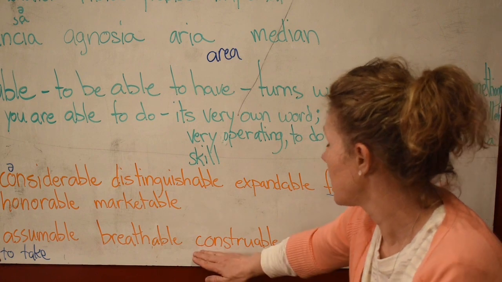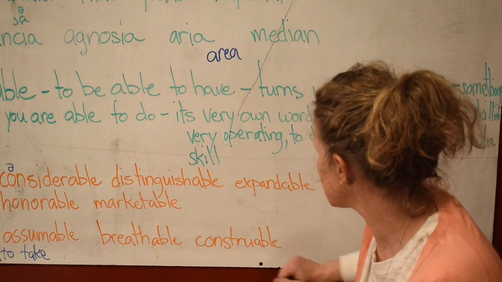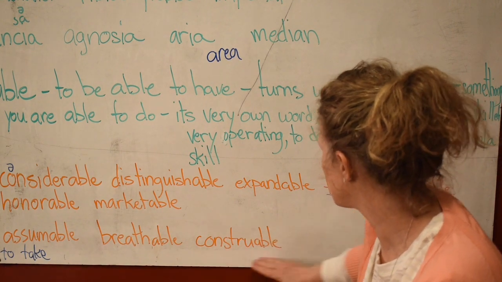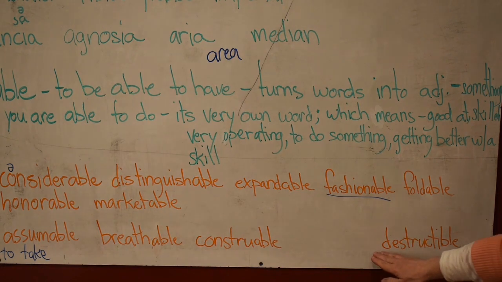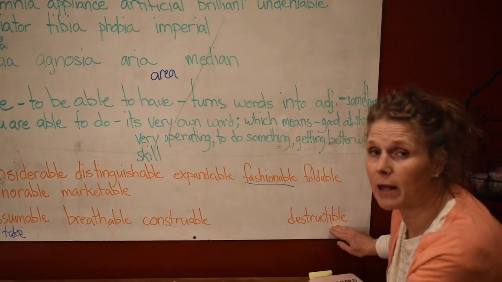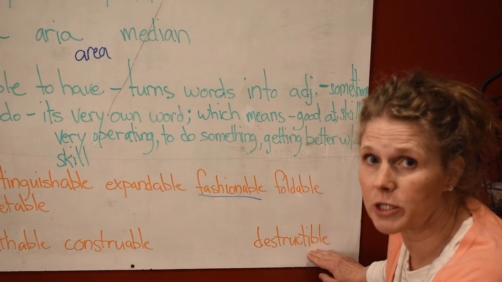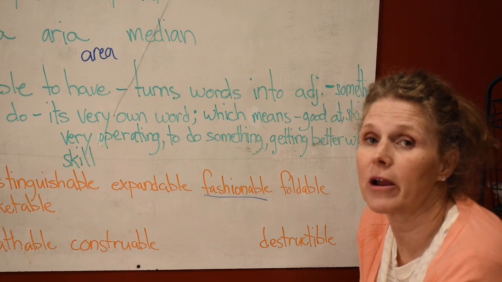Construable. Con means with. Okay? Stru is a Latin root. Construable. Now, just bringing in one, destructible. Now remember, if you have IBLE, almost always it's going to be connected to a Latin root and it's going to be very, very old.